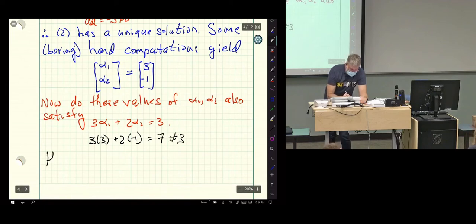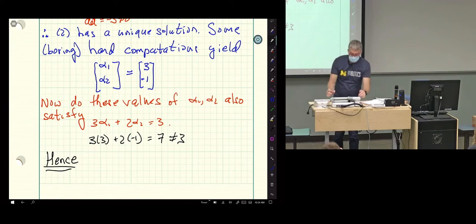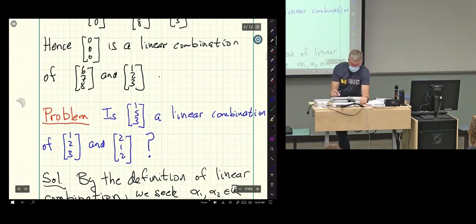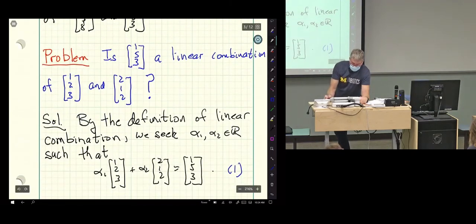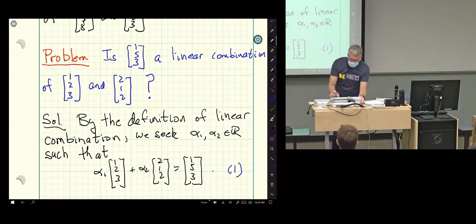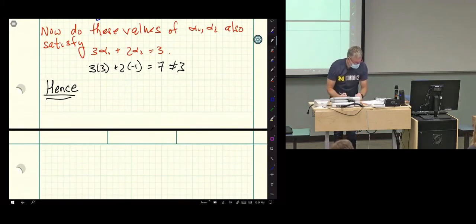So hence, what can we conclude? What can we conclude about (1, 5, 3) being, yes or no, a linear combination of (1, 2, 3) and (2, 1, 2)? The answer is it's not, okay? There's no coefficients alpha 1 and alpha 2 that satisfy that, okay?